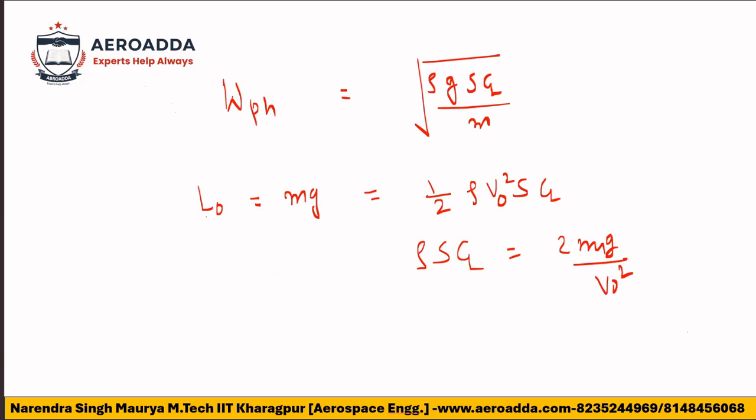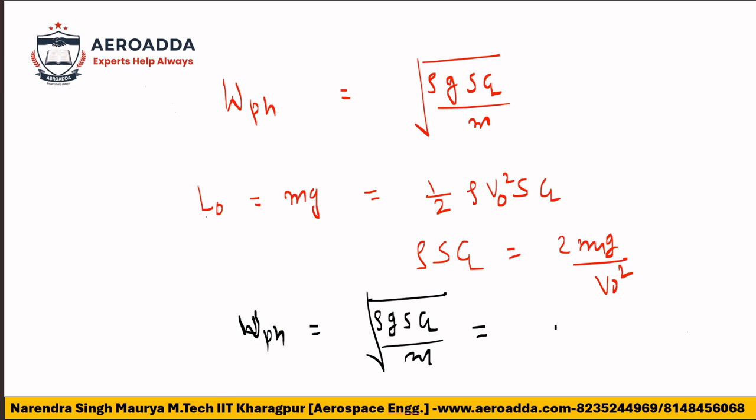So instead of rho S CL in the numerator in the formula, check what you have: WPH, which is nothing but rho g S CL by m. You just replace rho S CL.